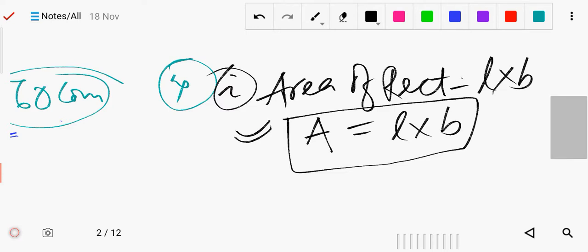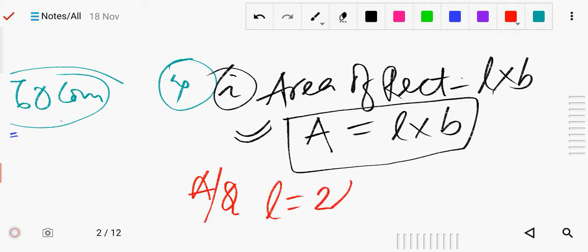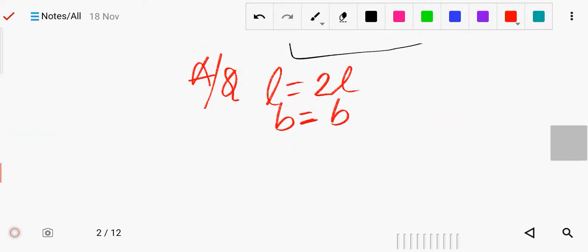But now according to the question, the length is doubled, so L now becomes 2 times, and B remains the same, still B. There are no changes, it remains the same. So now we will find the new area.